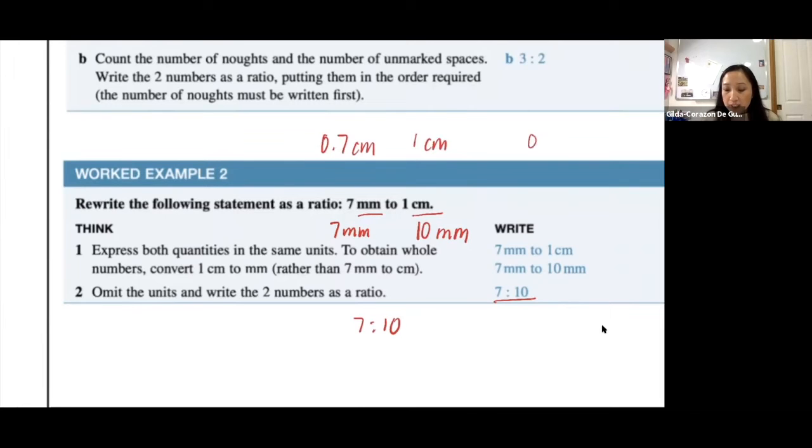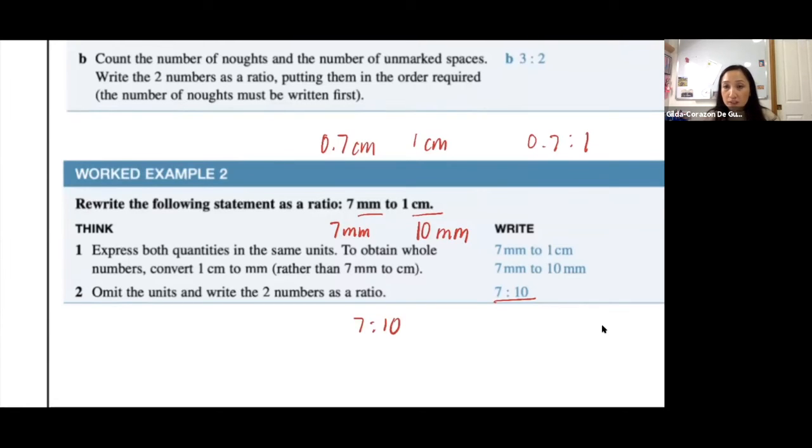What's wrong when we're writing 0.7 to 1? We need to write it down into whole numbers, okay? So if in case we ended up with this one, that's not a problem. We just think of a way how we will be able to make 0.7 into a whole number. How? By multiplying.